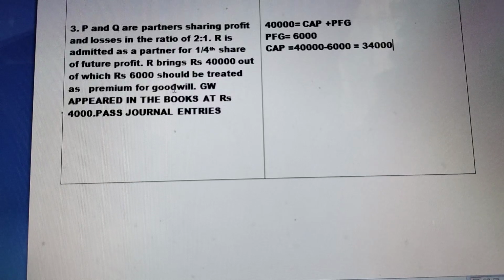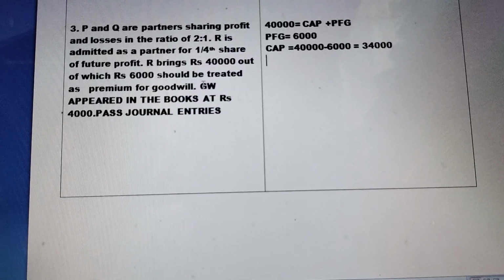And here sacrificing ratio is equal to, see, old ratio is given but new ratio is not given, and it is also not given at what ratio this one fourth will be shared by old partners. So if it's not given, then the remaining share will be distributed amongst the old partners in the old ratio.